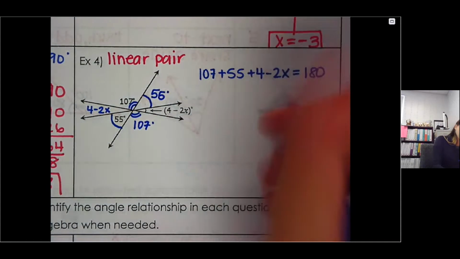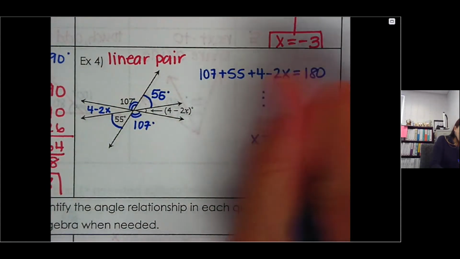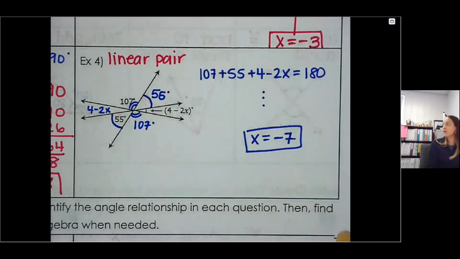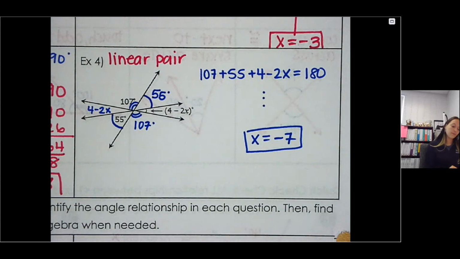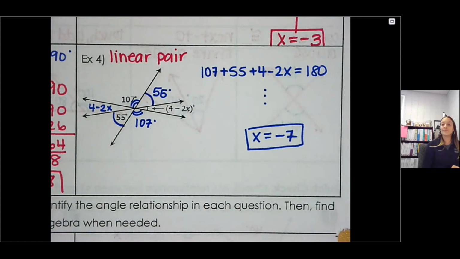And if you do that, I'm just going to go like this, dot, dot, dot, you get negative 7. Huh? Yeah, the negative, because this is a negative 2x, so it'll be negative. You put 4 minus 2x equals 36?